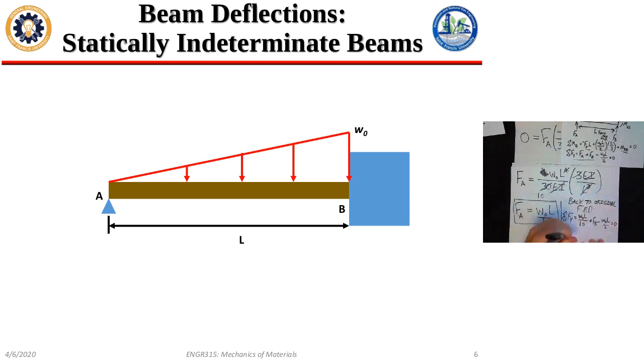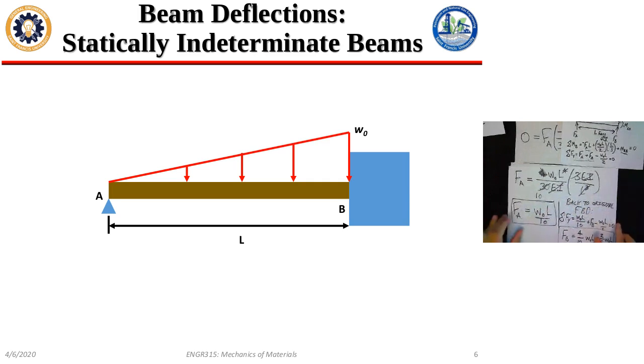So FB equals what? 4/10 W naught L, or 2/5. So that's number 2, I guess.